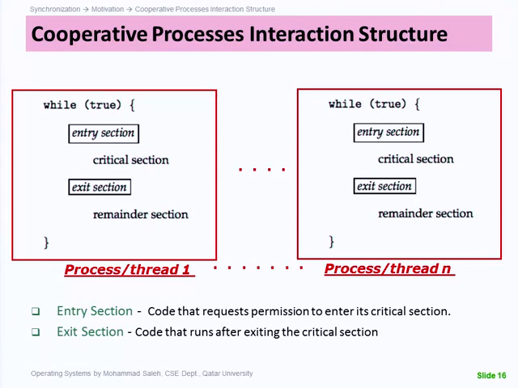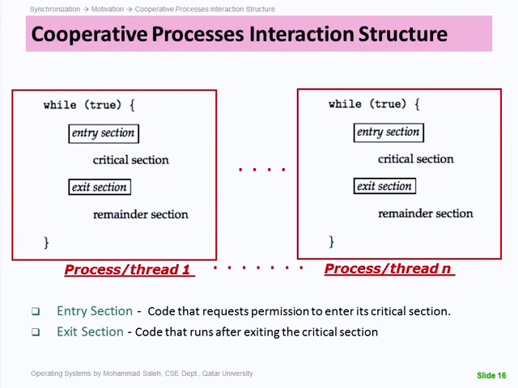Releasing the lock. So you can think of the code before entering the critical section as what? Obtaining the lock, acquiring the lock. Or we can just simply call it the code that is needed to obtain the lock or acquire the lock. We can call it the code of entering the critical section, the pre-code, right?